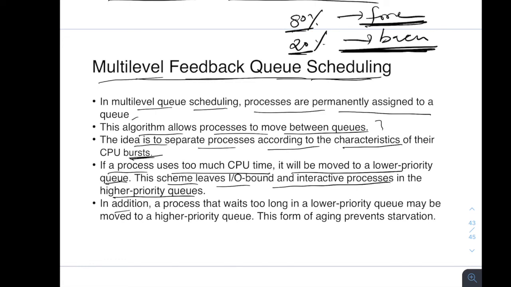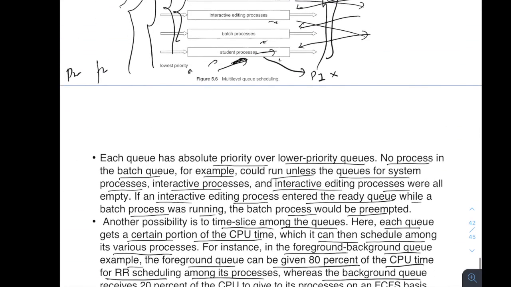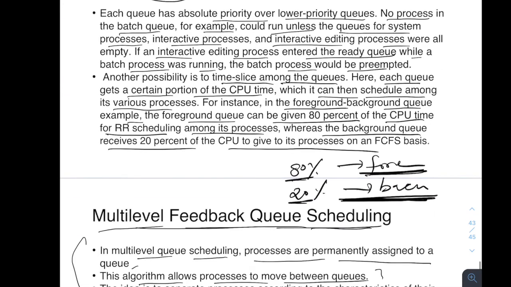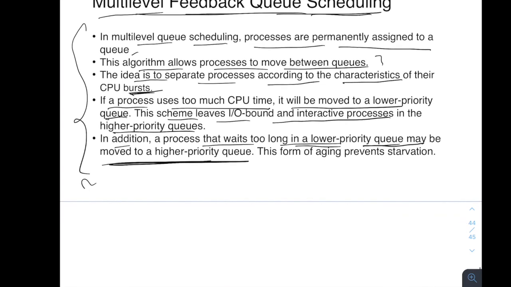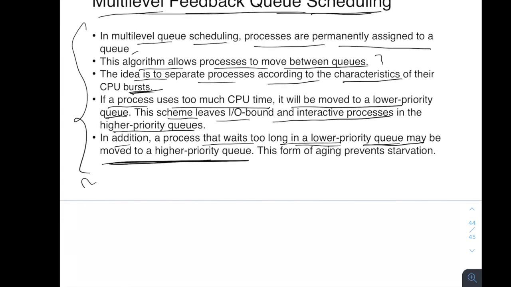Also, in addition, a process that waits too long in a lower priority queue may be moved to a higher priority queue in order to prevent starvation. So this is quite a dynamic algorithm, right? This is similar to the earlier one, but that is a static algorithm. Once the process has been assigned to one queue, it cannot be moved. Here, they can be moved based on the feedback of the CPU burst time.